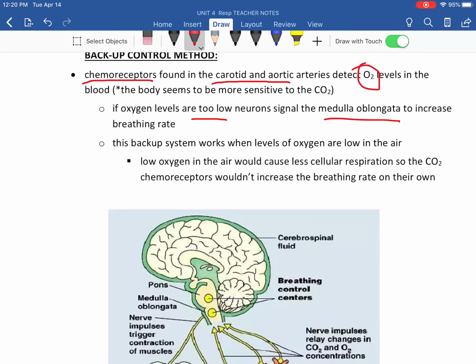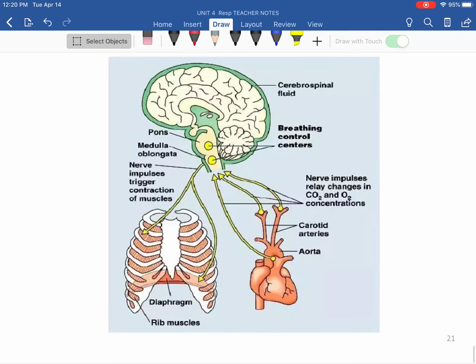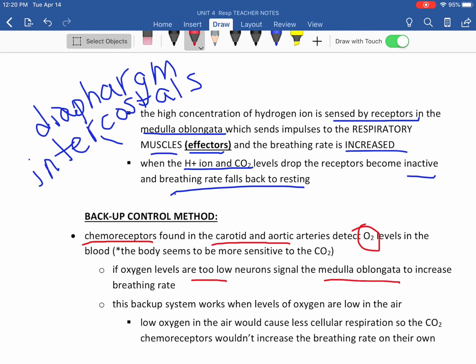The medulla oblongata will send nervous system impulses back to the diaphragm and intercostals, telling them to speed up breathing. When the oxygen levels return to normal, breathing rate will return to normal. Okay, so we can see a little bit of the connection of the nervous system impulses relaying between the medulla oblongata, the muscles, as well as those chemoreceptors around our heart.